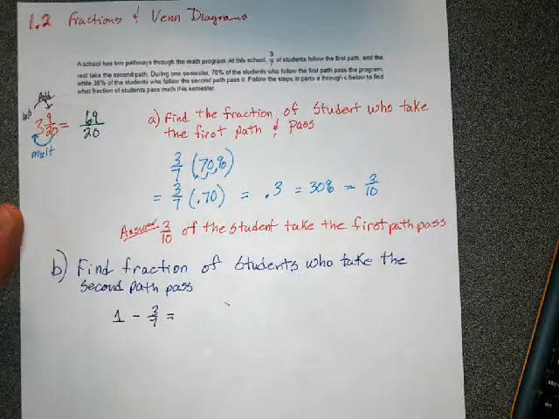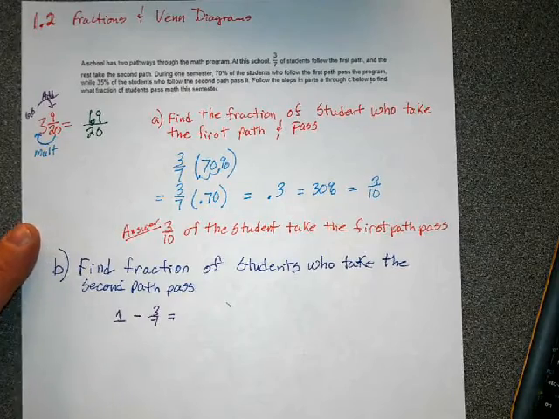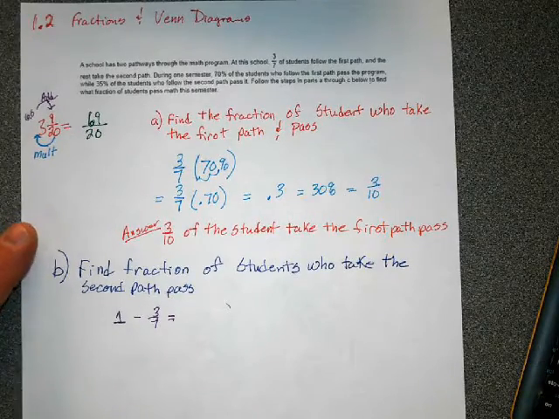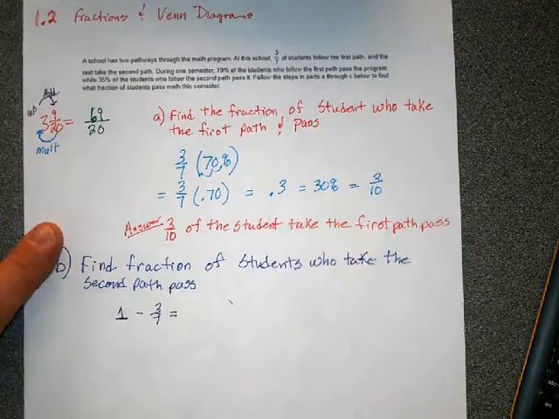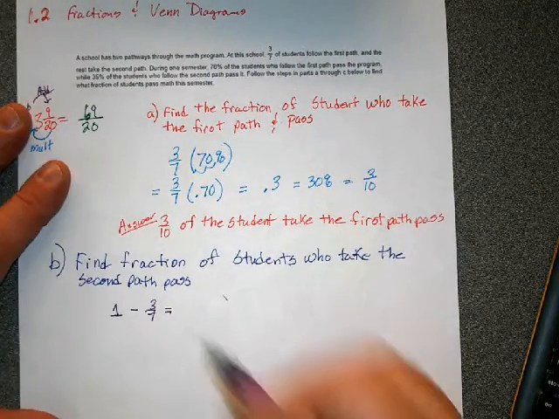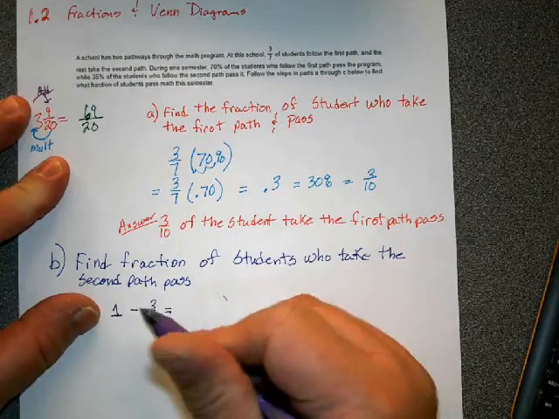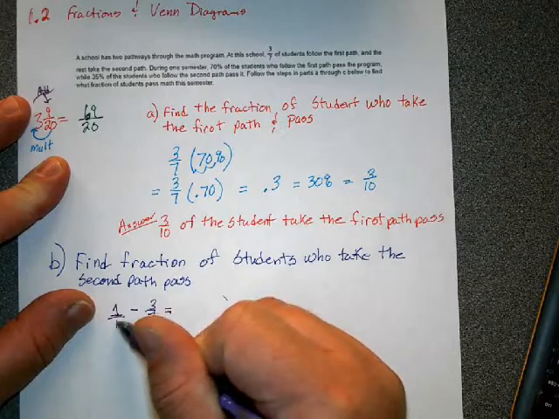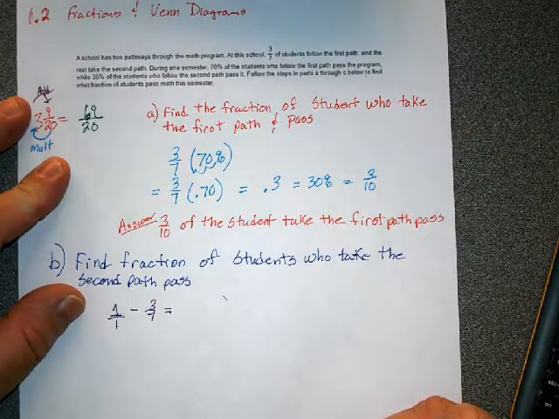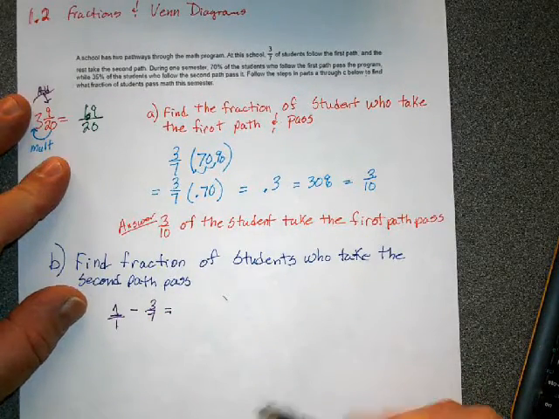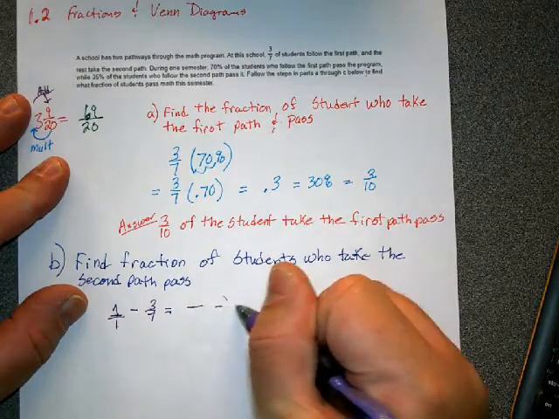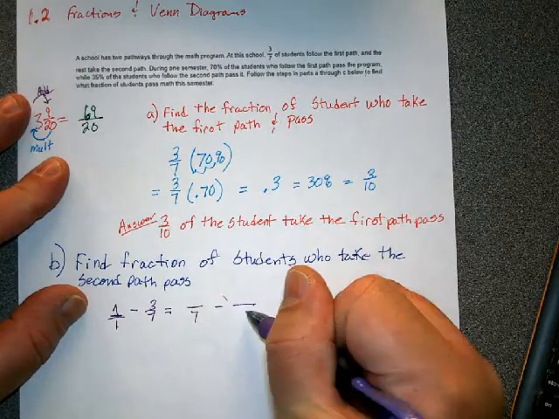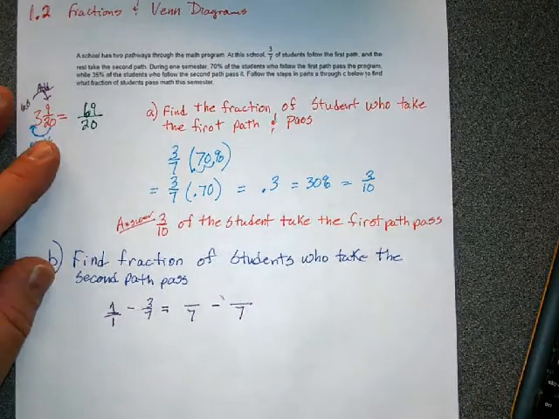Okay, now, do you guys remember how to subtract fractions? Okay, so remember that's 1 over 1, right? So I need a common denominator. What's my common denominator? That's right, 7. Because that's a common denominator.